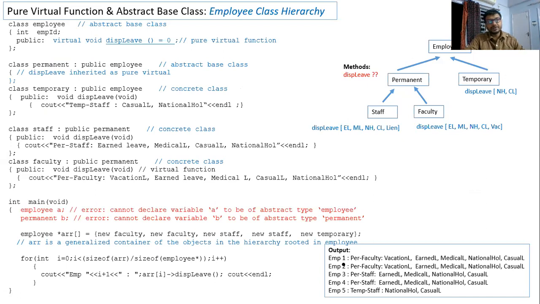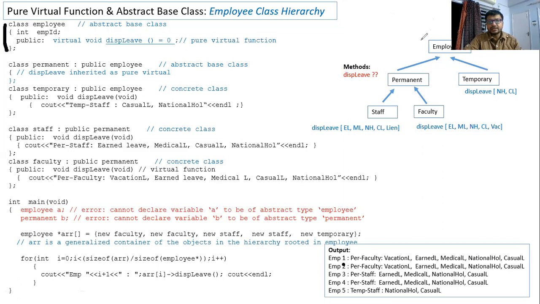To be specific, we are not actually doing the calculations here. Within each method, as we defined, we have a prompt just to say that these are the different components of the display leave. So here what we have is a class employee.